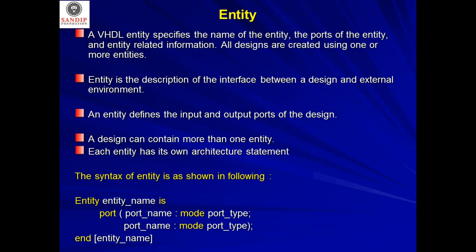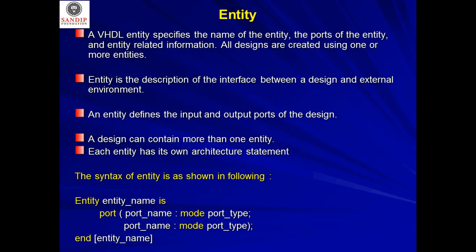Let's see the syntax of entity. Entity starts with the name entity, which is an inbuilt construct. Entity underscore name is, port inside the parenthesis: port underscore name colon mode port underscore type, complete the bracket, semicolon, end entity underscore name.